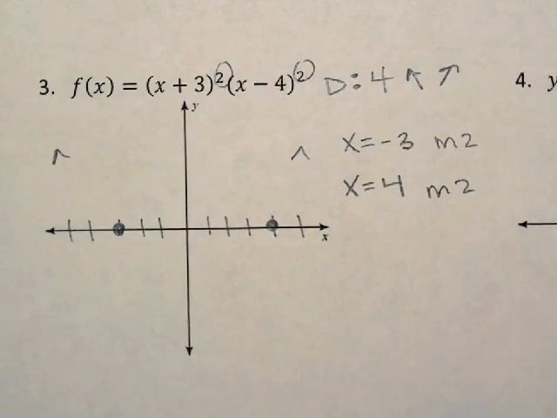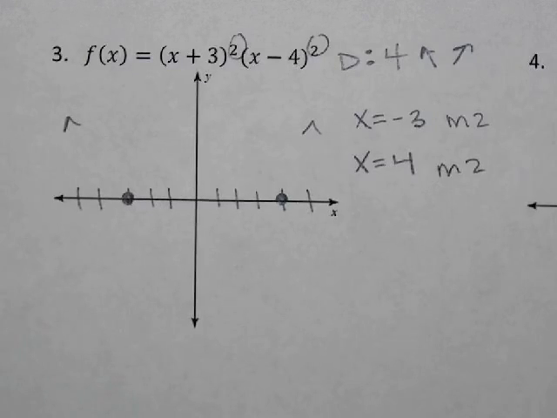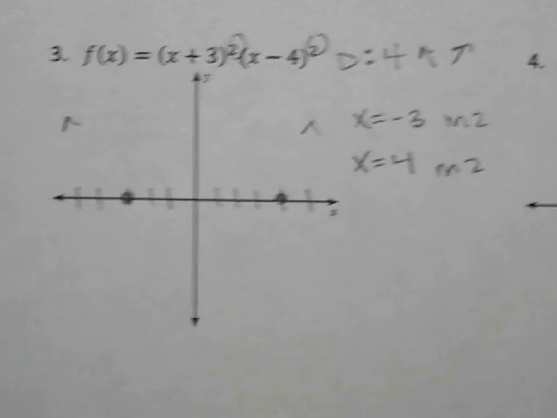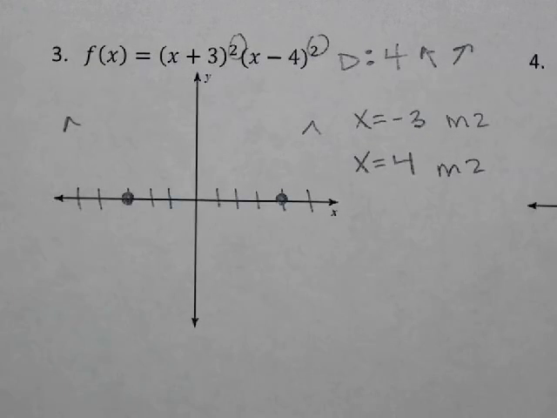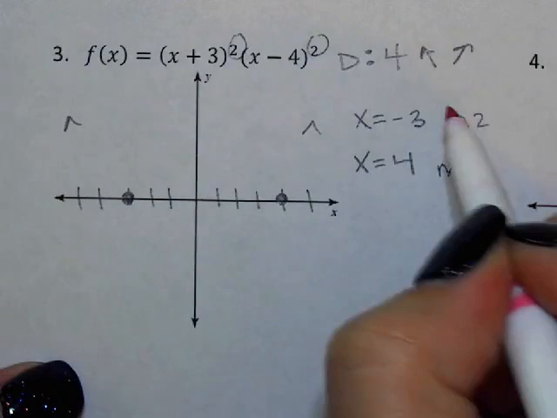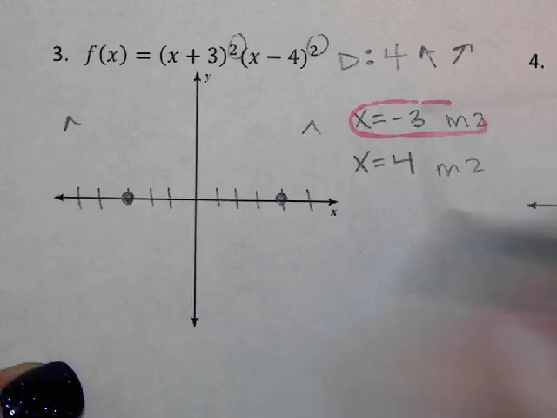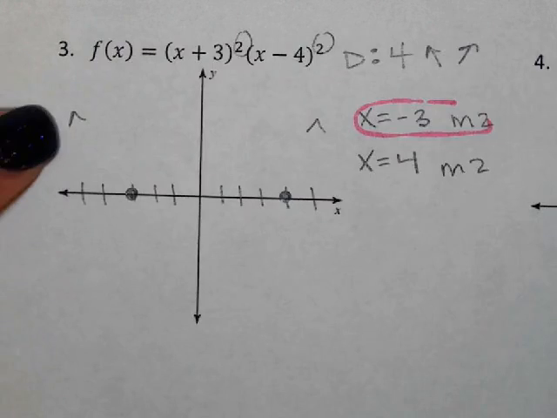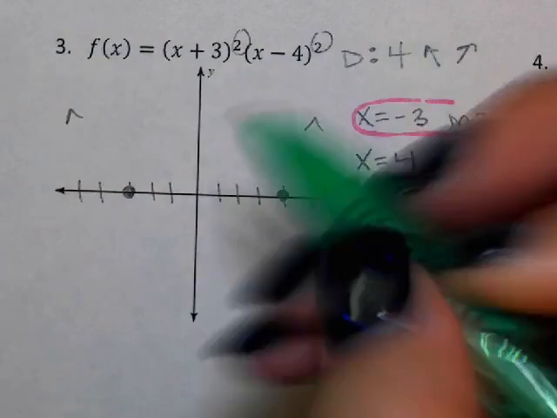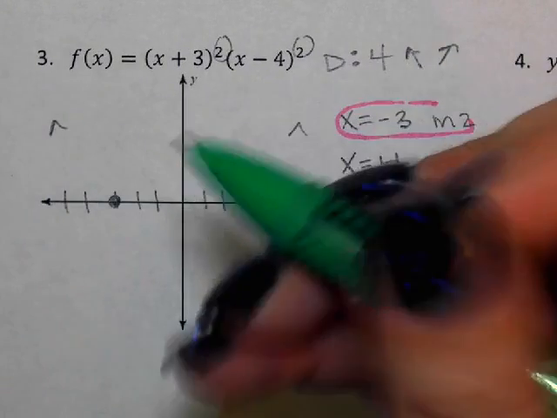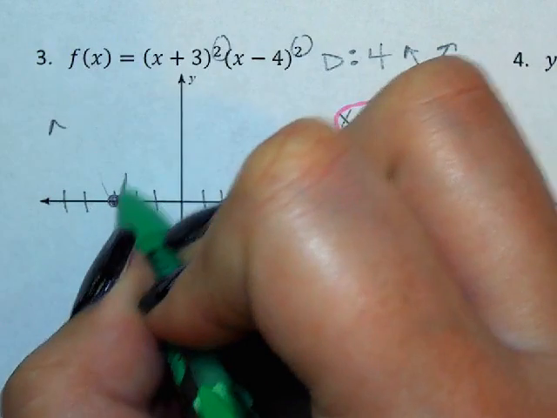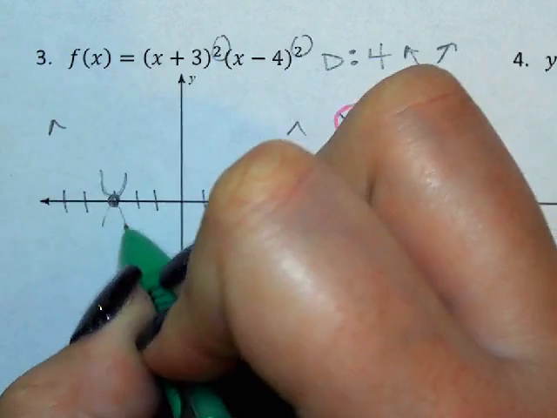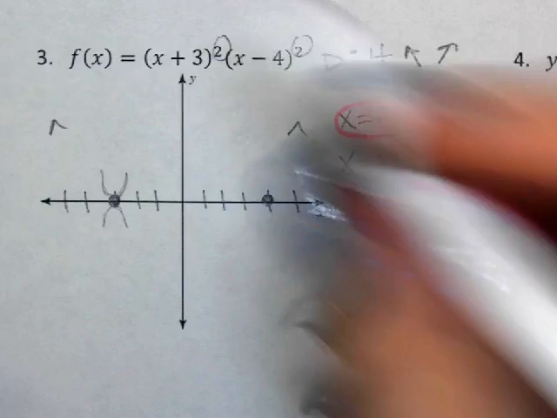So, if I need to connect to my up arrow, should my mini parabola be above the line or below the line? It should be above. It's the only thing that makes sense. Okay?